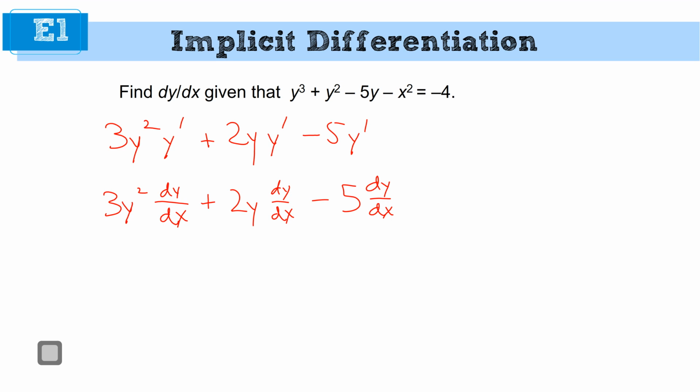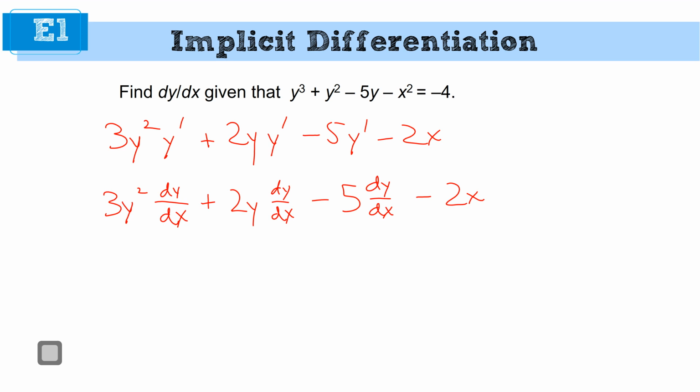What's the derivative of x squared? 2x. No y prime, because it's just x. Or, if you want to get all fancy, derivative of x squared is 2x dx dx. What's dx over dx? 1. So we don't really need that because we're fairly bright.